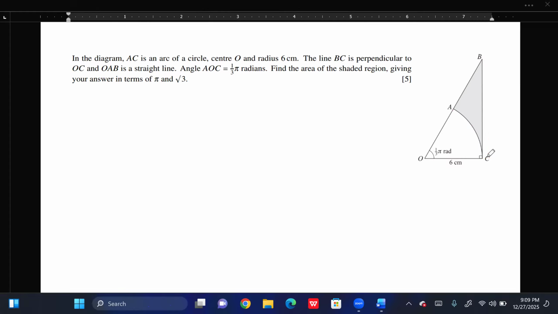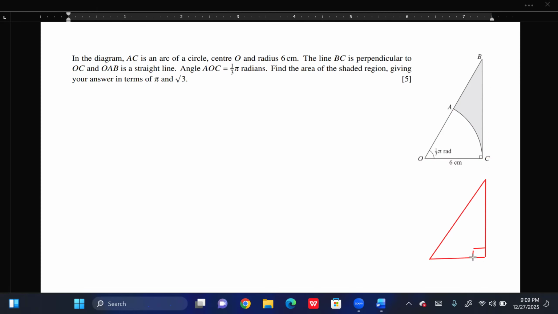But if you look carefully at the triangle, I'm going to draw triangle OBC separately, so it helps you to get an idea.